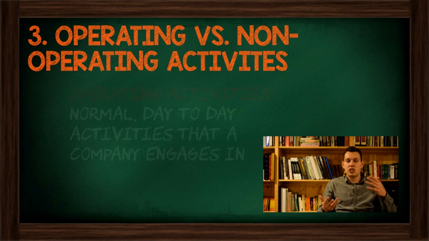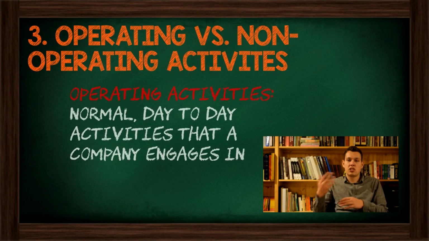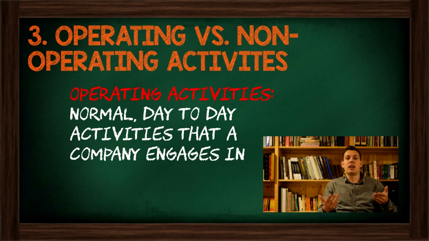But ignore all that for now. Let's just focus on what is an operating activity and what is a non-operating activity. So what is an operating activity? An operating activity is an activity that an organization engages in or participates in on a day-to-day basis.